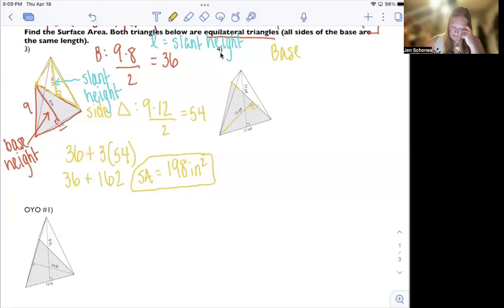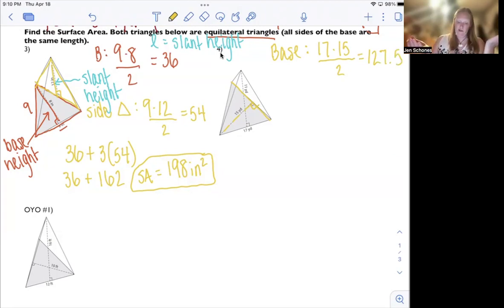The bottom, remember it's the part that forms the right angle. This is an equilateral triangle. So the bottom is 17 and the height is 15, and we're going to cut it in half because it's a triangle. When I type that into the calculator, I get 127.5.